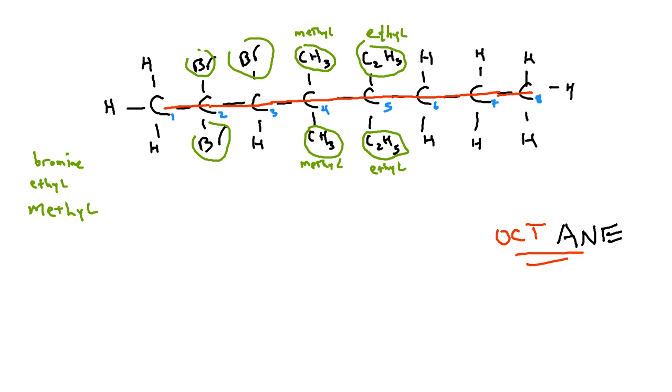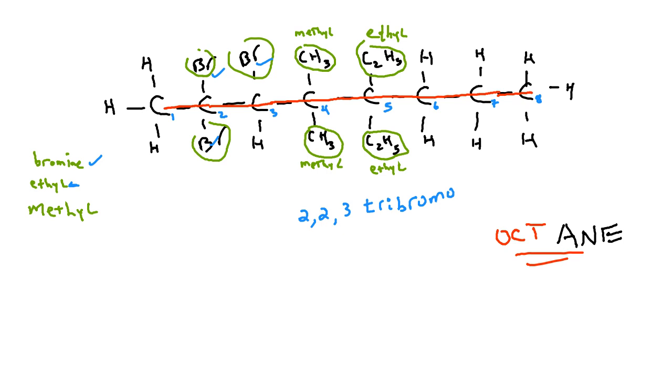So where are the bromines? Well, it looks like there's a bromine on 2, a bromine on 2, and a bromine on 3. So we would write 2, another one on 2, and then one on 3. Since there's 3 bromines, we would write tri for 3, bromo. Now, where's the ethyl? The ethyls seem to be on carbon 5.